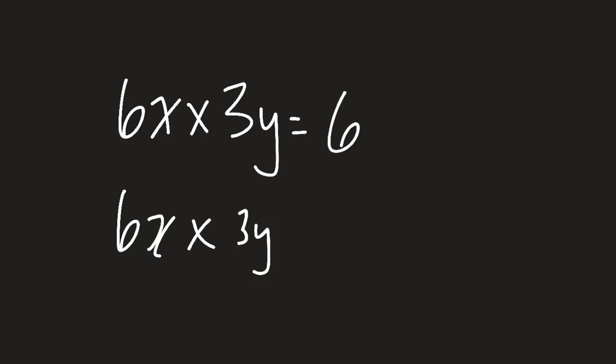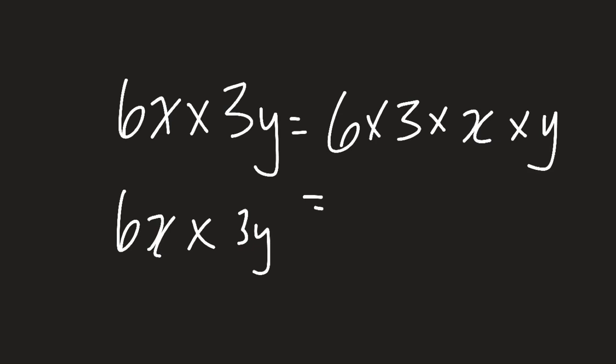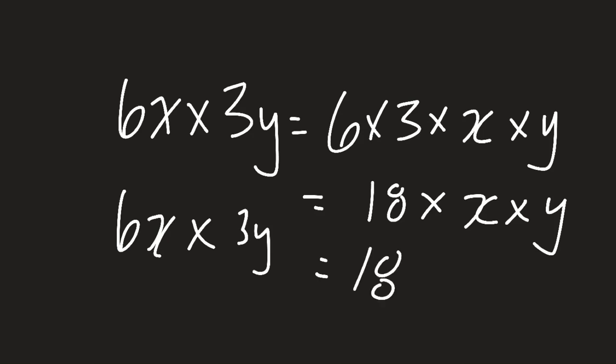So we'll go 6 times 3 times x times y. What's 6 times 3? That's 18, times x times y, and you can finish that out by writing it as 18xy. And that would be this fully simplified.